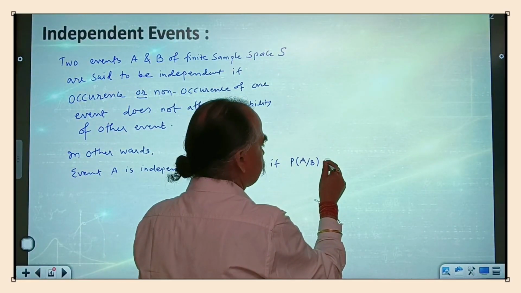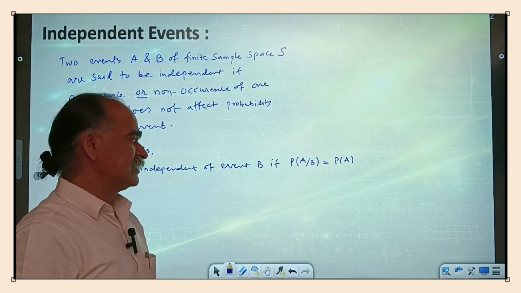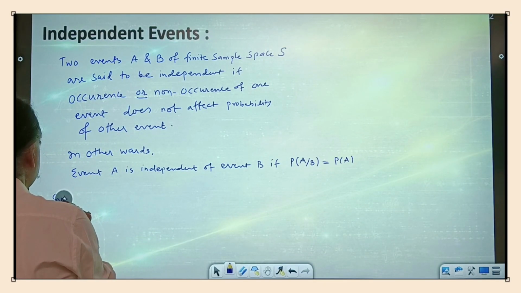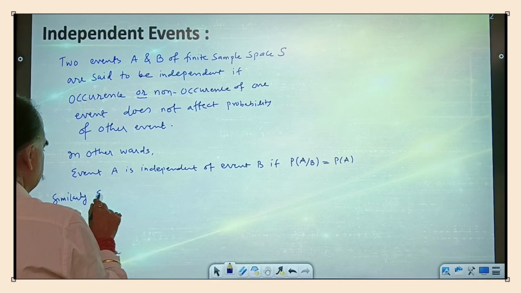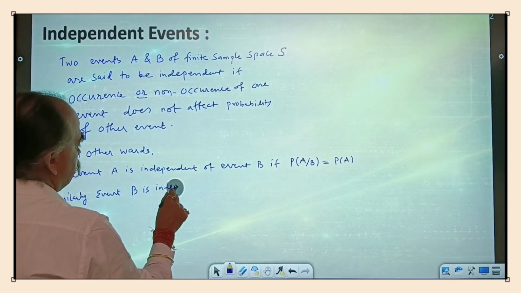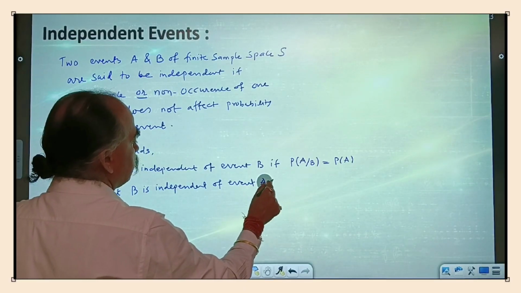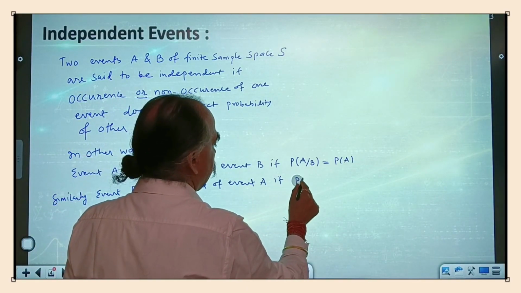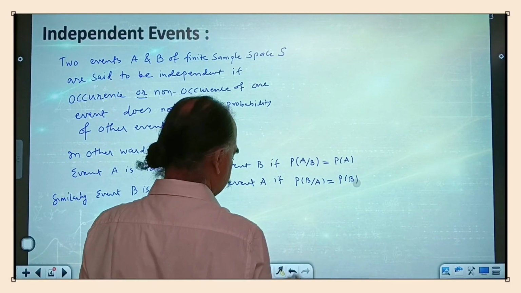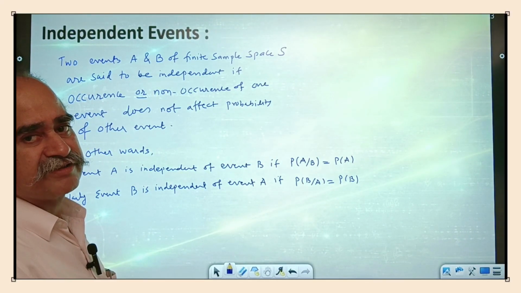Whether B is taking place or not taking place, it should not affect probability of A. So this remains P(A), then we say that A and B are independent. Similarly, event B is independent of event A if P(B/A) is same as P(B). That is, conditional probability of B is same as actual probability of B, then condition is unaffected.